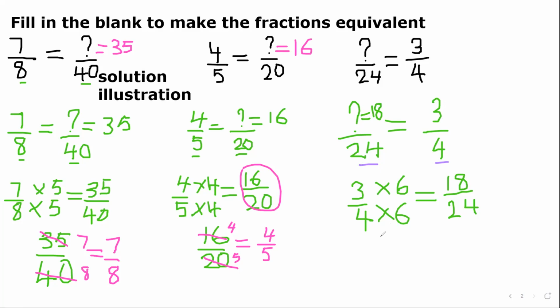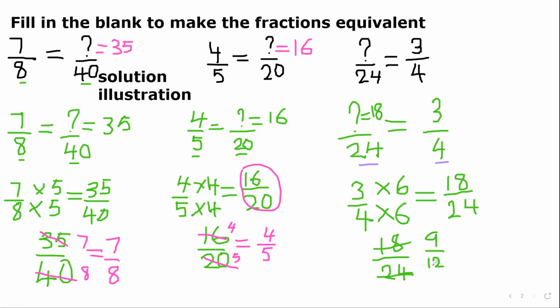Now, when you have the 18 out of 24, if you want to cancel them, you can choose any common number. You can start with a 2. 2 goes into 18, that is 9, and 2 goes into 24, that is 12.